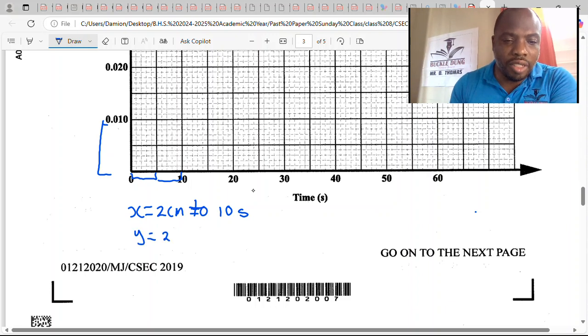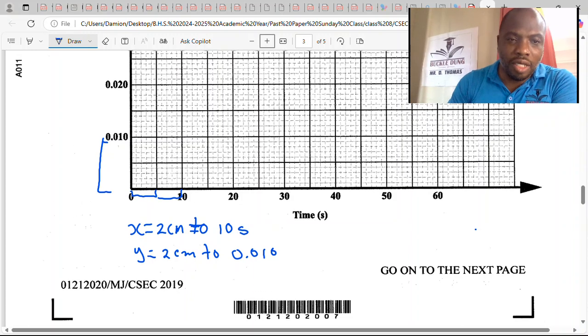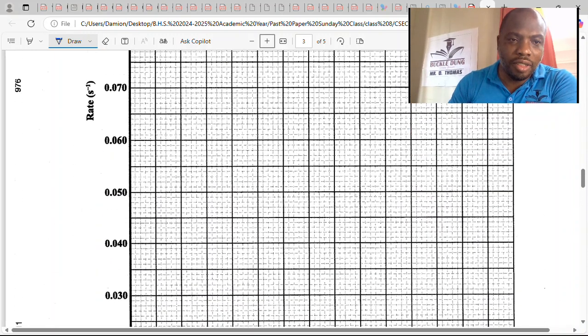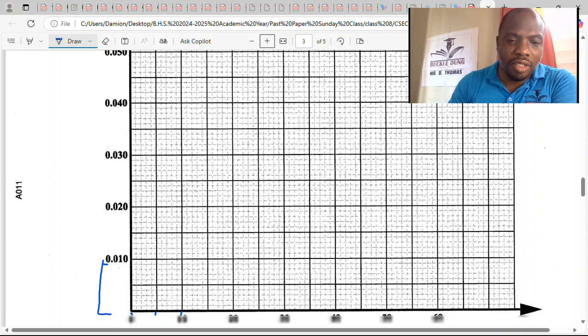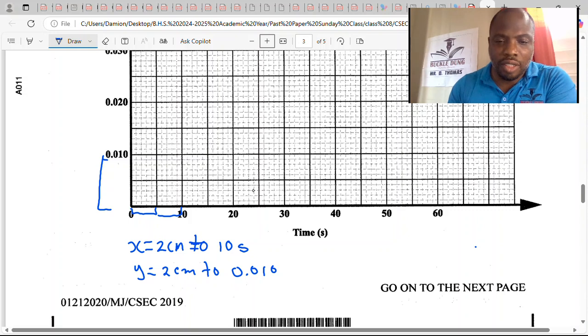So every 2 centimeters it goes to 0.010, and that would have been what, in seconds? Meters per second, or 1 over t, per second.